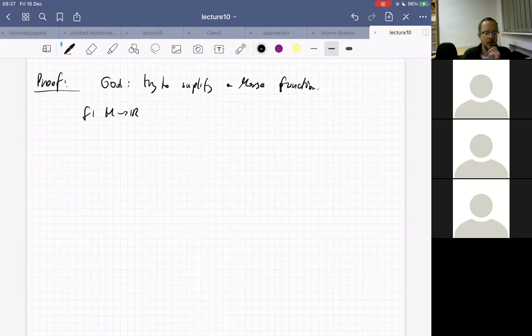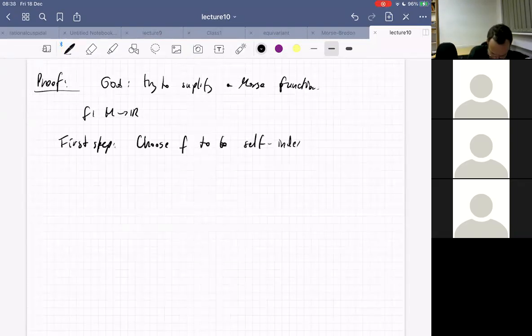We invoke the result that was proved during the classes. So we want to simplify. First step, choose f to be self-indexing.